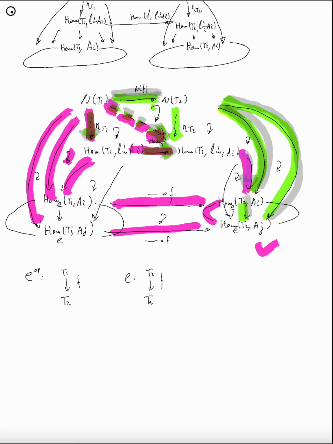So the question is, is this commutative? Right? Is this commutative?